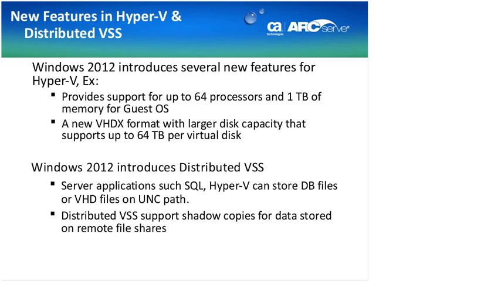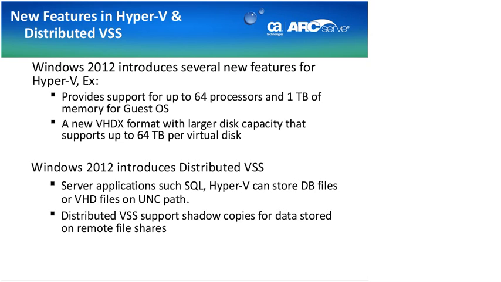They have also introduced a new VHDX format, with a larger disk capability that supports up to 64 terabytes per virtual disk, compared with the previous Hyper-V version, where the VHD format was only able to support up to 2 terabytes per virtual disk.